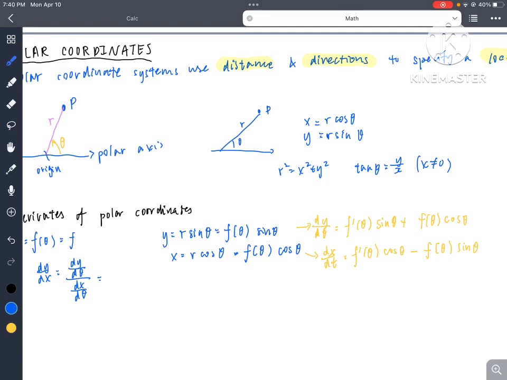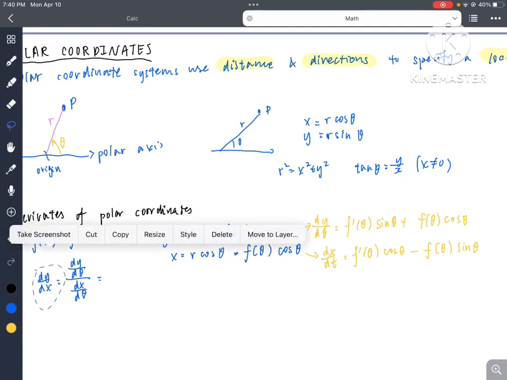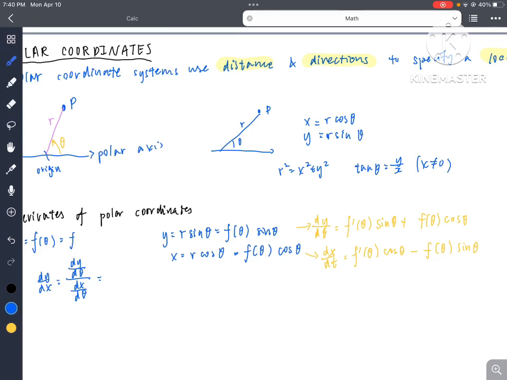And then we can't simplify it further, so the first derivative of a polar coordinate will just be f prime sine plus f cosine over f prime cosine minus f sine. So this is the formula of the first derivative of polar coordinates.